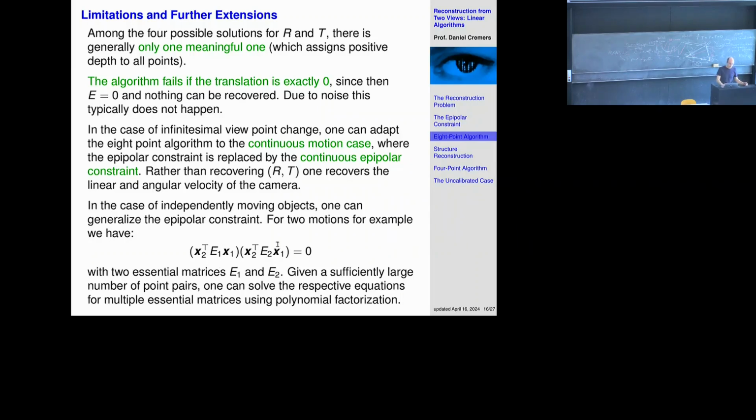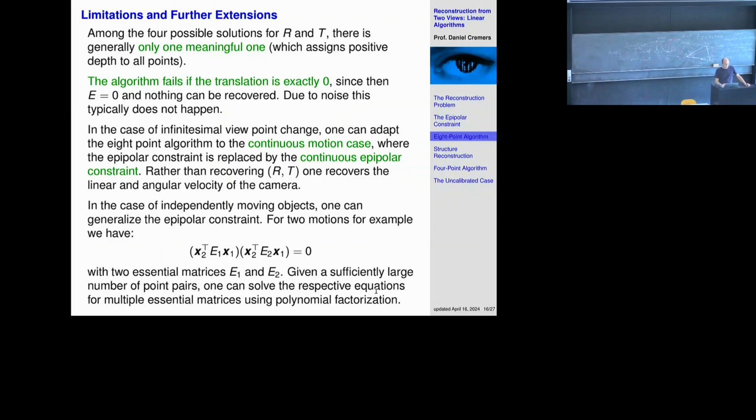And there are going to be two rigid body motions, and each point will be either on one object or on the other. And what you can then do is you can say, well, then the product has to be 0. Meaning the point coordinates x1 and x2 must be consistent with rigid body motion 1 or rigid body motion 2. In the first case, this thing should be 0. In the second one, this thing should be 0.